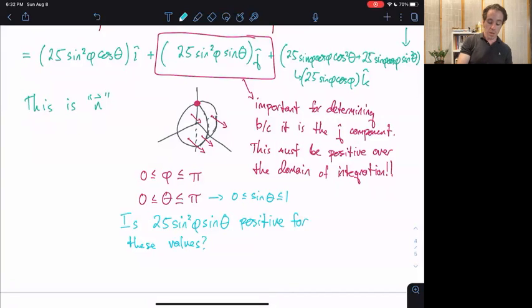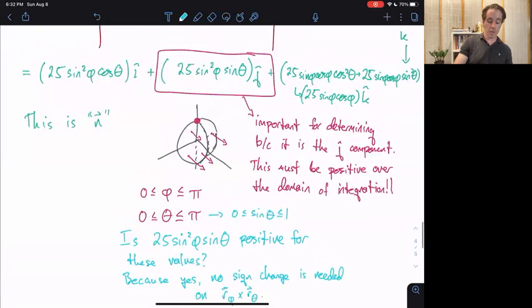So yes, no sign change is needed on r_u cross r_v, and in this particular case, r_u and r_v are r_phi and r_theta.